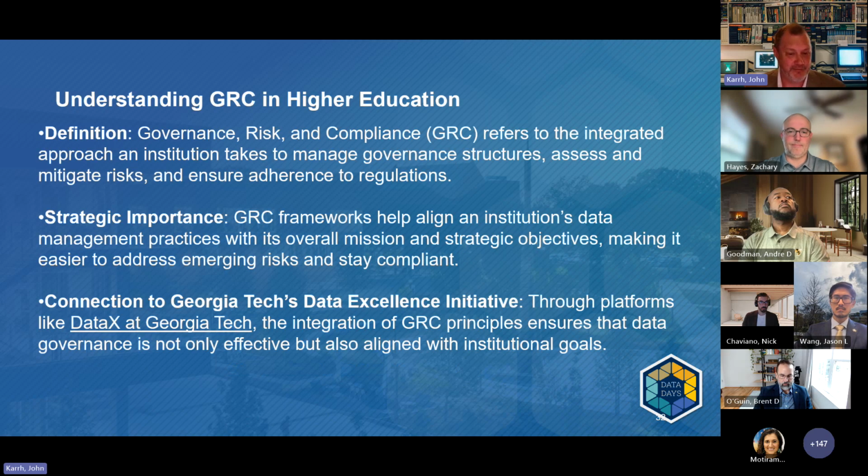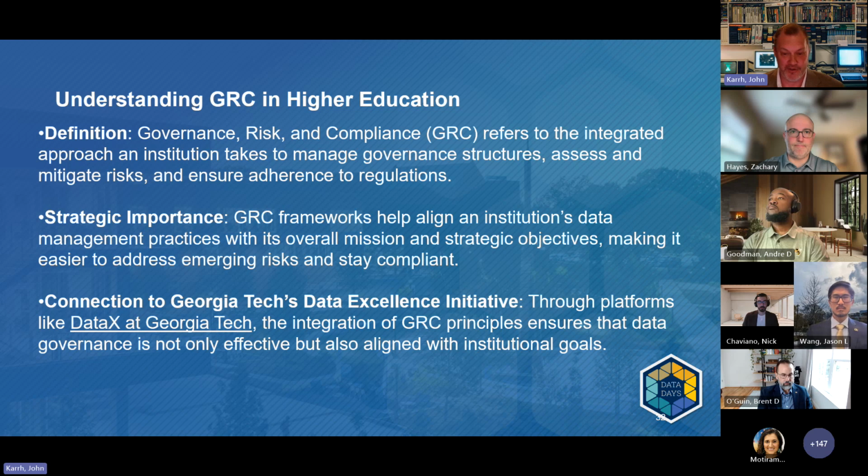To give everybody an understanding of what a GRC unit does, we're integrated at the institution level. Even though we're within cybersecurity, we manage a lot of the governance structures, assess risks, and ensure adherence to a lot of the regulations that occur.